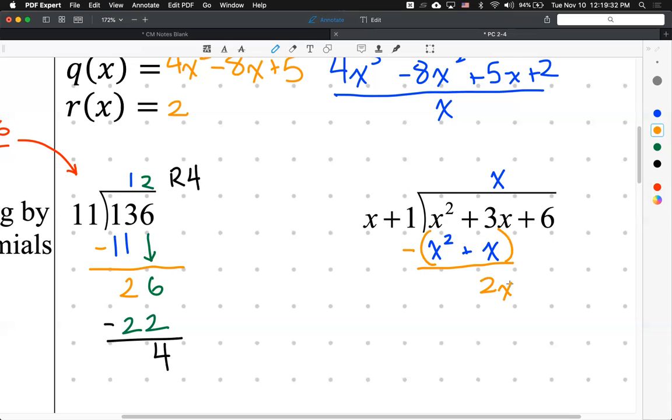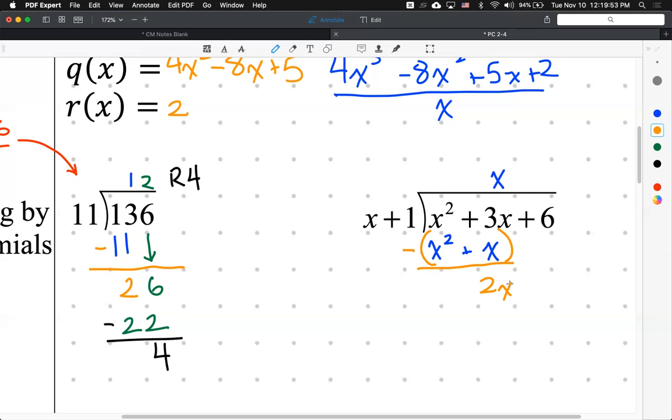A very common mistake is forgetting that this second term is supposed to be subtracted. So if it helps you, you can distribute this negative into each of these terms to switch the signs of each of them. So it's a negative x squared and a negative x, and then just add down. But really what we're supposed to be doing is we're subtracting this polynomial from this polynomial.